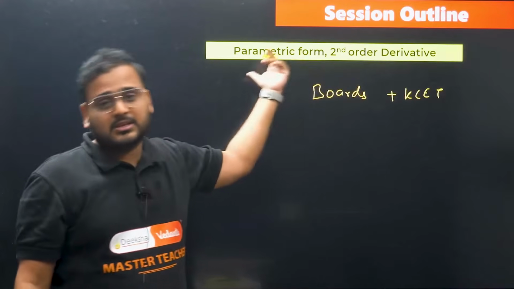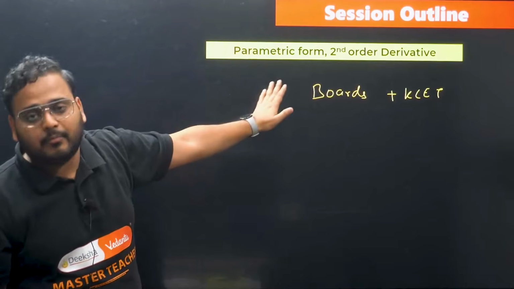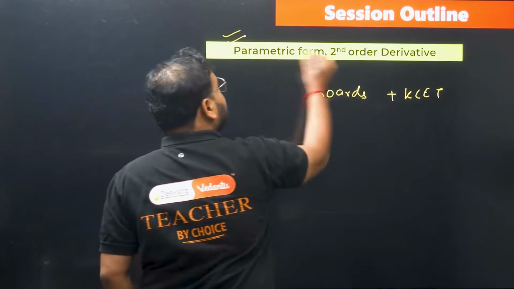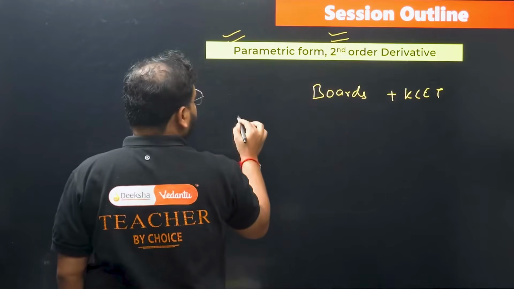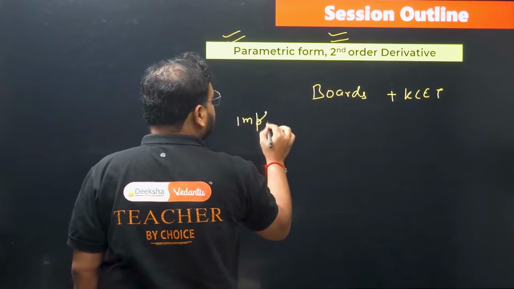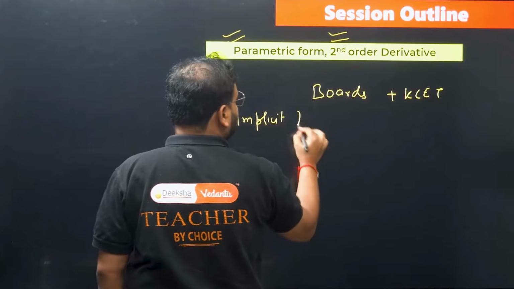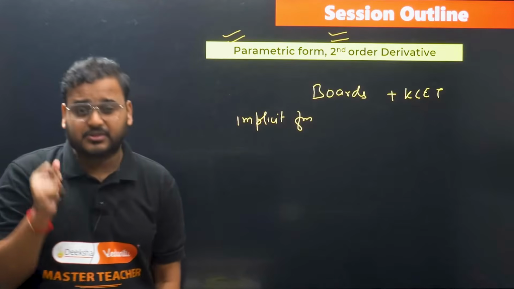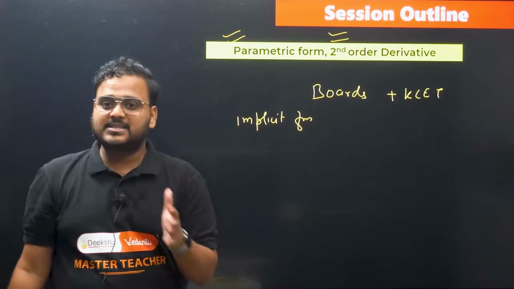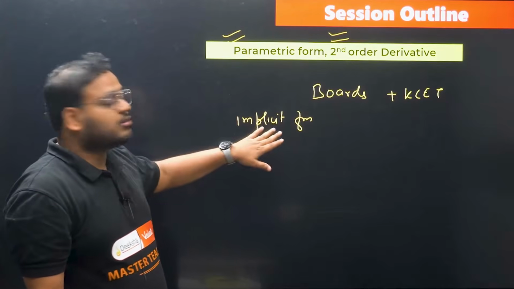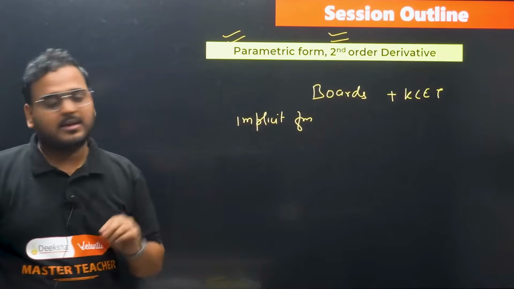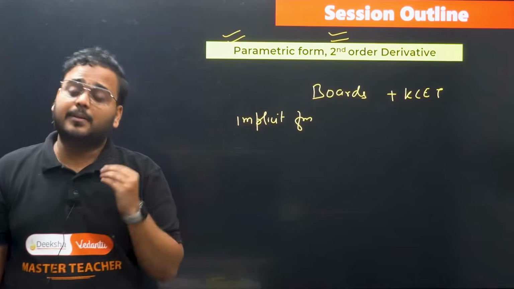Whether they are using the definitions and formulas given in the previous sessions, these two topics play a very big role, including one more topic already discussed with you, implicit functions. So about 5 to 6 questions coming from this chapter in your KCET are going to utilize implicit function, parametric form and second order derivative. Second order derivative, very important.